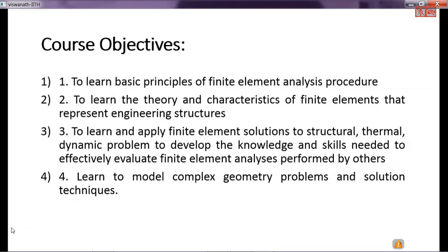This line is pretty simple, but it has in-depth significance to it. In academic problems, we always deal with a cantilever or a simply supported beam or a slab or whatever it is, very regular geometric shapes. Whereas in a real scenario, your geometry is complicated. It can be of any shape.